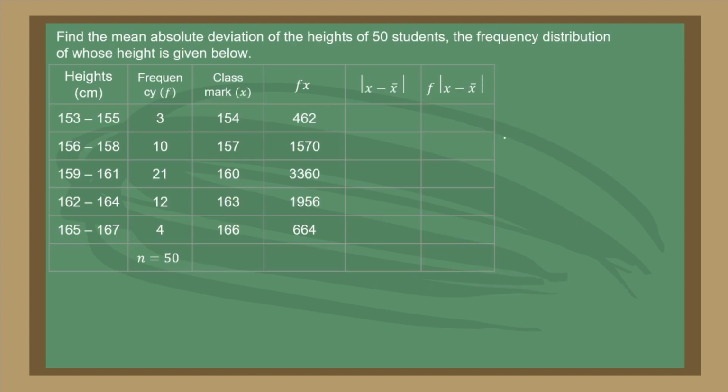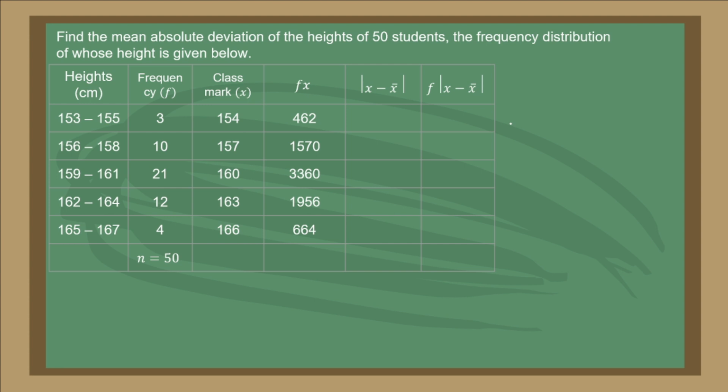For example, find the mean absolute deviation of the heights of 50 students. The frequency distribution of their heights is given below. These are the heights, or the class interval, the frequency, class mark, and fx. Before we proceed to the formula for getting the mean absolute deviation, let us first solve for the mean.